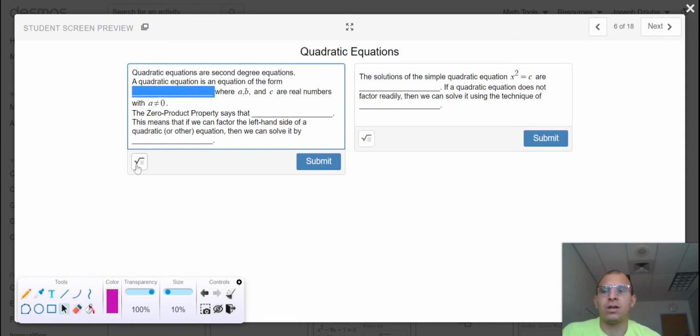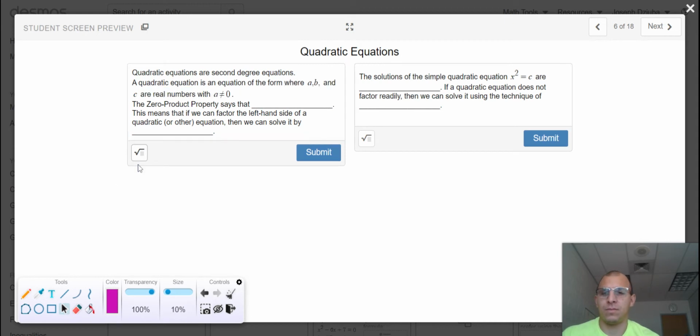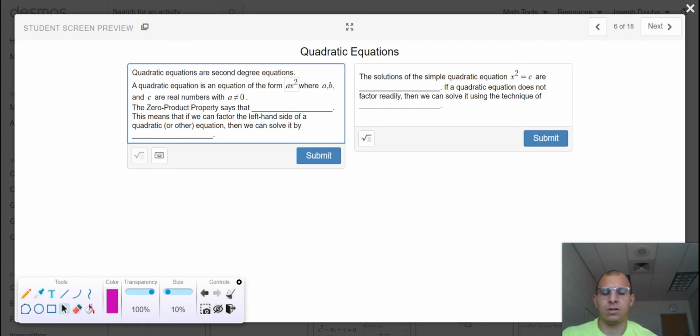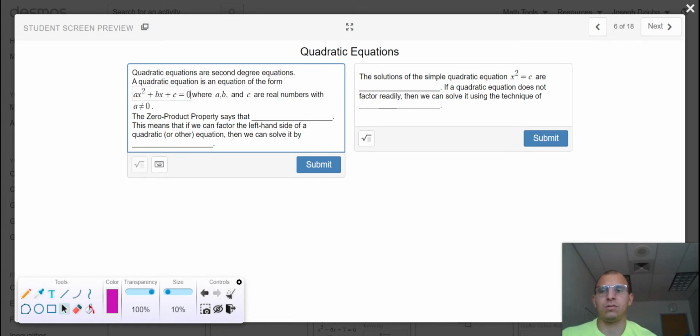A quadratic equation is an equation of the form ax squared plus bx plus c equals 0, where a, b, and c are real numbers with a not equal to 0, because if a is 0, then that x squared term does not exist. Therefore, it becomes a linear equation. Okay, so a must be a value that is not 0.